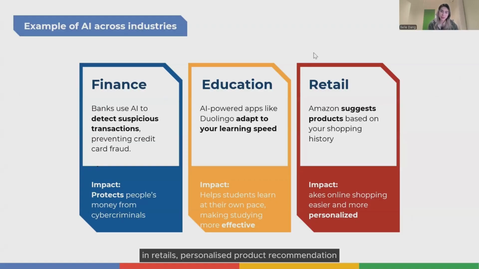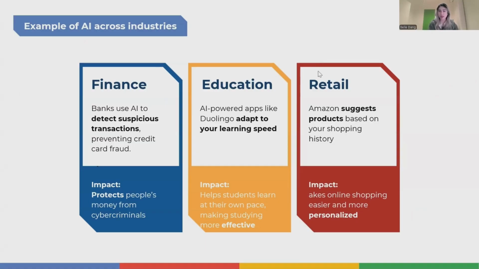In retail, personalized product recommendations make shopping a more engaging experience. You can see some retail giants, H&M, Sephora, Shein, all use AI to analyze customer behaviors, predict fashion trends and personalize recommendations both online and in store.